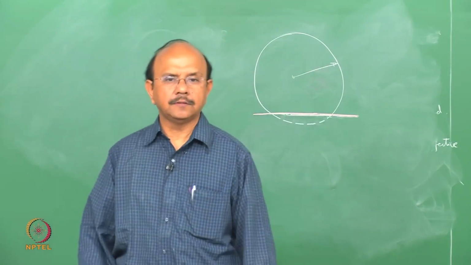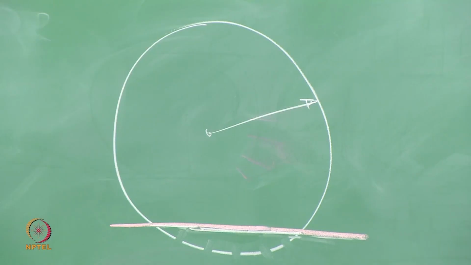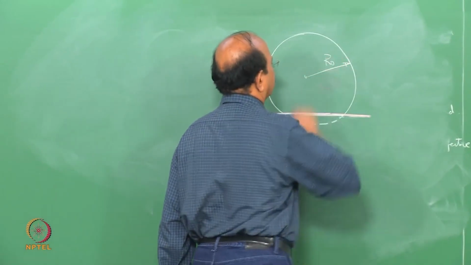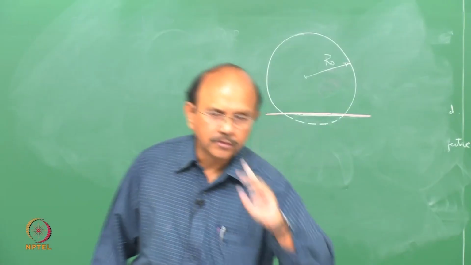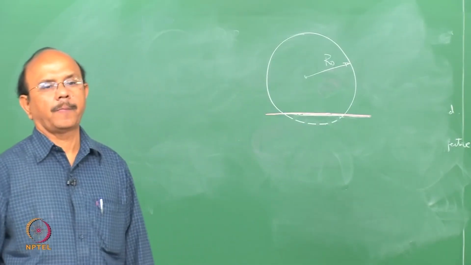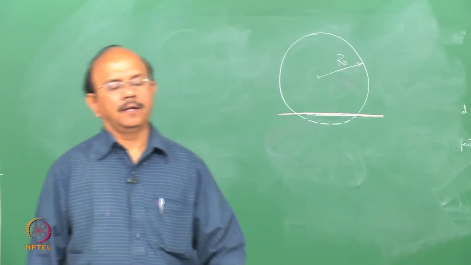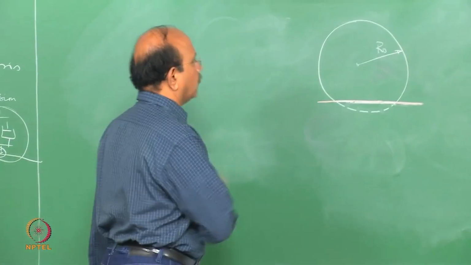That is the free radius. What did we call as R naught? I think we should maintain that. Let me call that the original radius, R naught. If I change the symbol, please let me know so that I do not confuse you with various symbols. Let's say that the original or the undeformed radius is R naught.